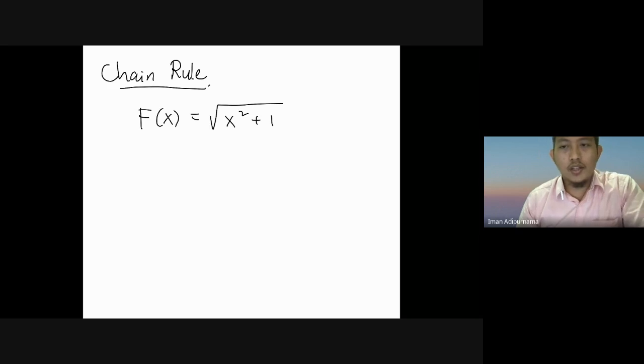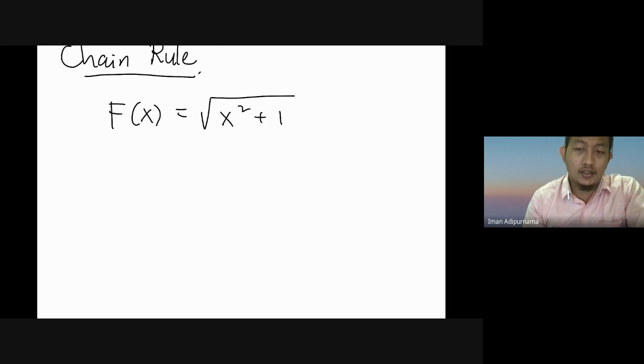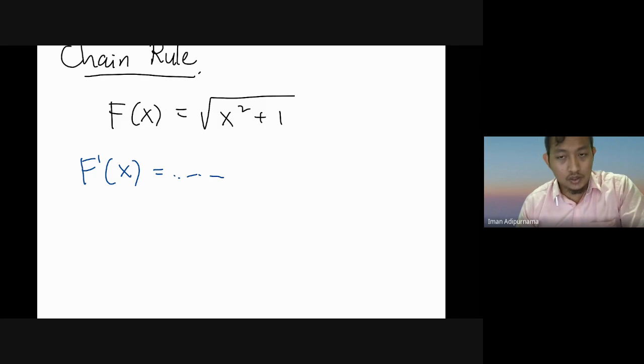With the formulas that we have, the product rule, quotient rule, and so on, can we try to apply those formulas directly to solve this derivative here? I don't think it will give a direct result. We need something to solve this.